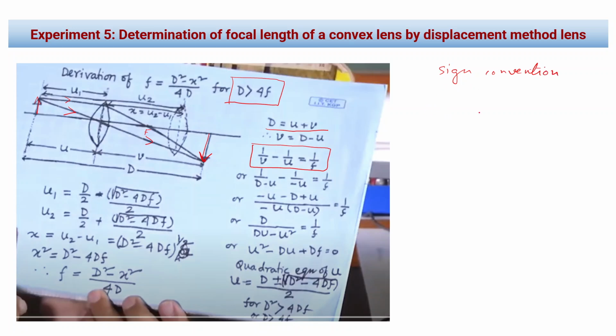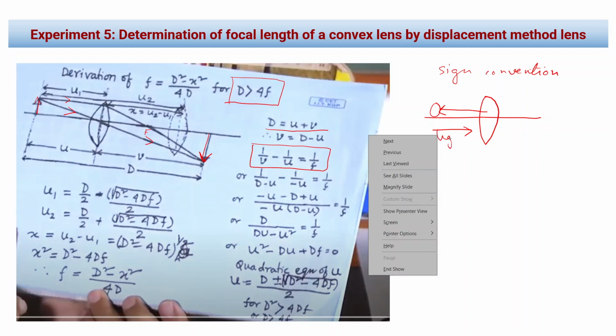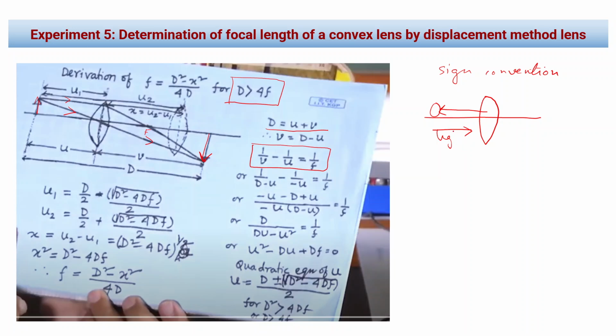If this is my mirror or lens or any such component, and the ray of light I am considering is towards the right, then anything I measure opposite to the direction of light gets a negative sign.